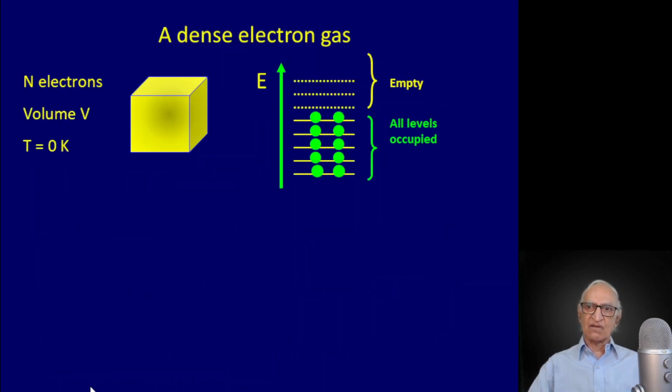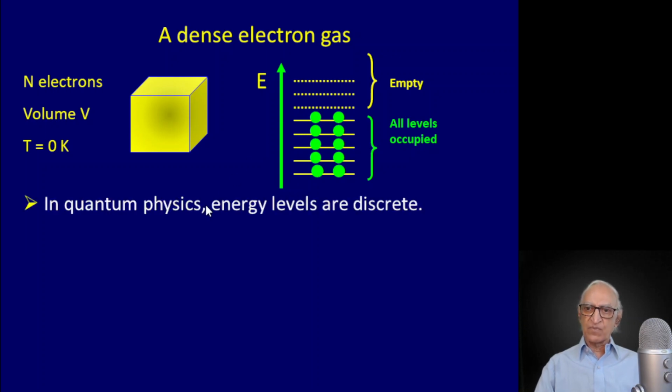Now, this is how we populate a gas of electrons at the absolute zero of temperature. Imagine that you have n electrons in volume V. The energy levels are discrete in quantum mechanics.